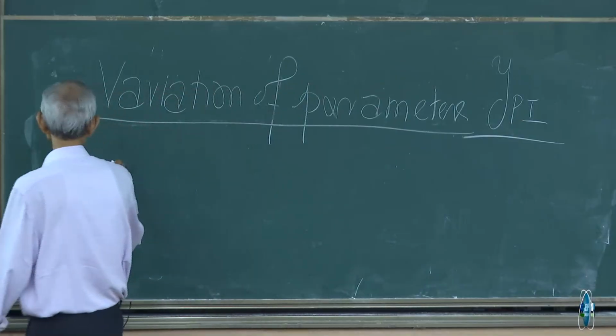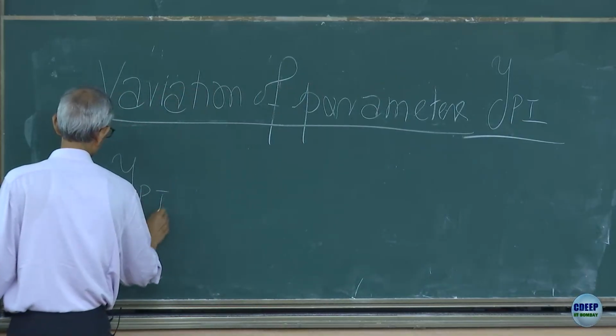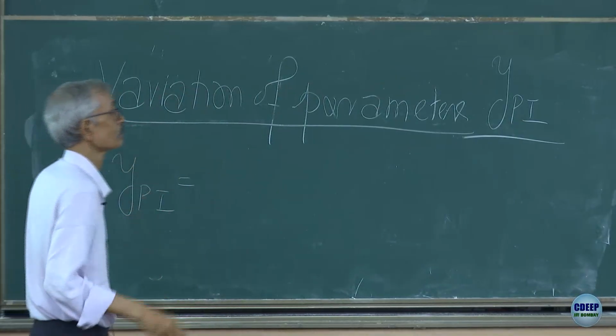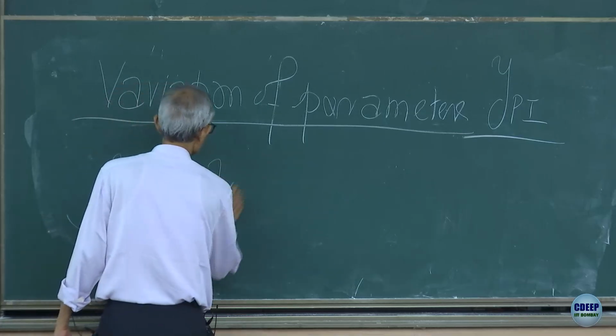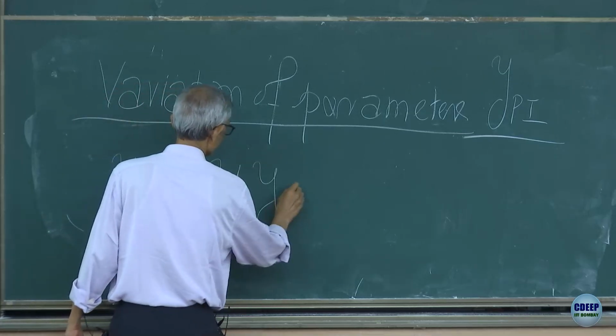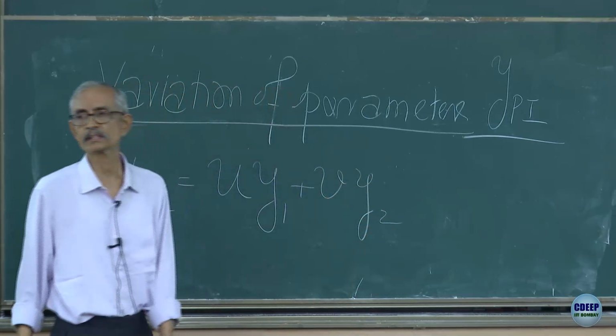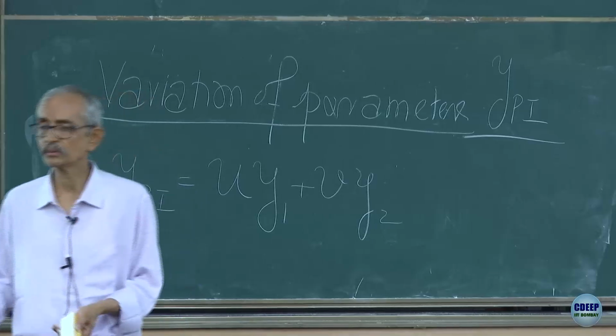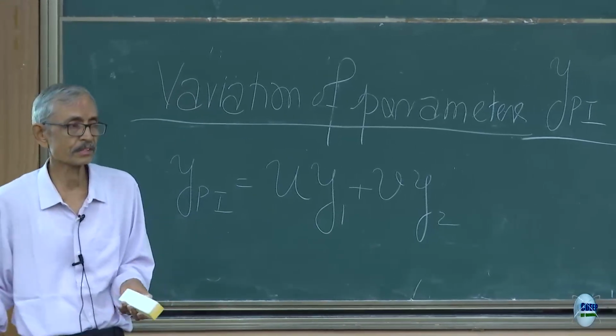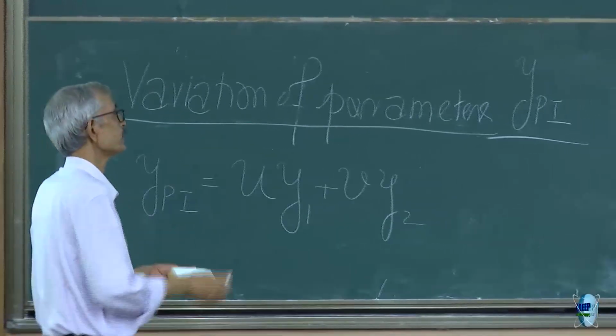The particular solution is the one which gives trouble, and we are trying to establish what that is. Here the hypothesis is very similar to what we had in the past: the particular integral is related to the homogeneous solutions in a linear fashion.